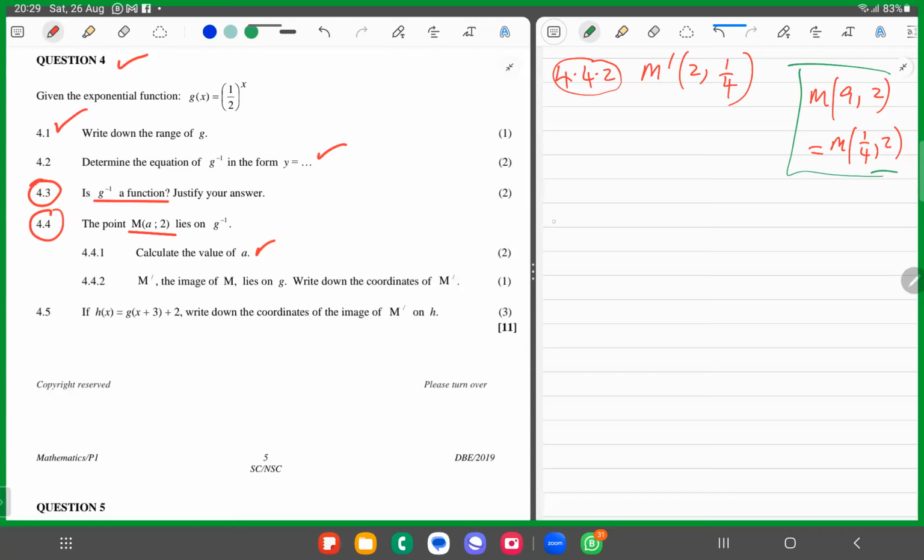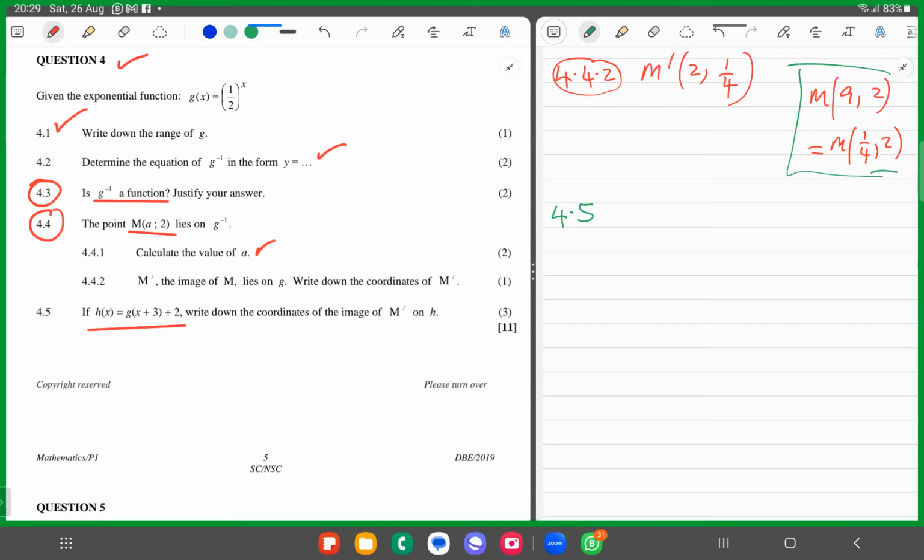Now, we have 4.5. Now, if H has coordinates, rather H of X is G of X plus 3, plus 2. Write down the coordinates of the image M primed on H. Right, so now we have this one for 3 marks.